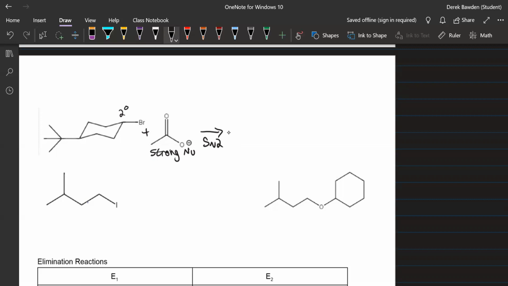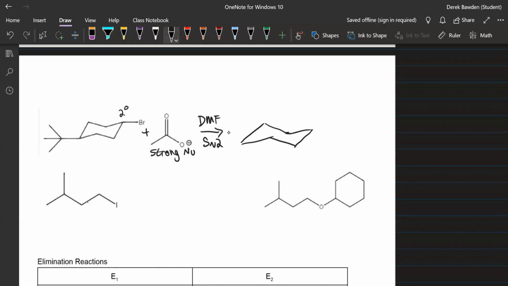SN2 likes what type of solvent? Aprotic, so let's go with DMF. Any type, doesn't matter. So now we have this product. With SN2, we have inversion of stereochemistry.